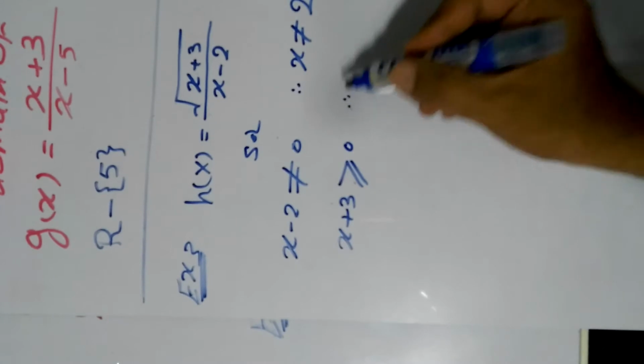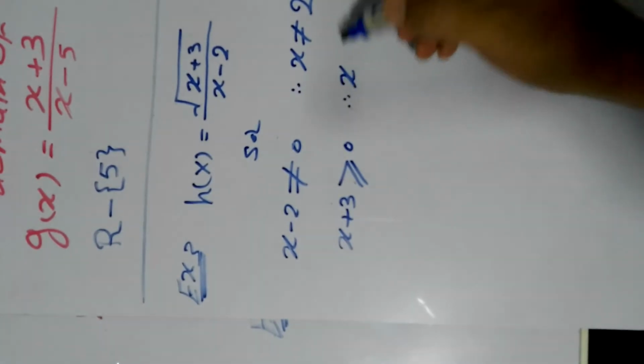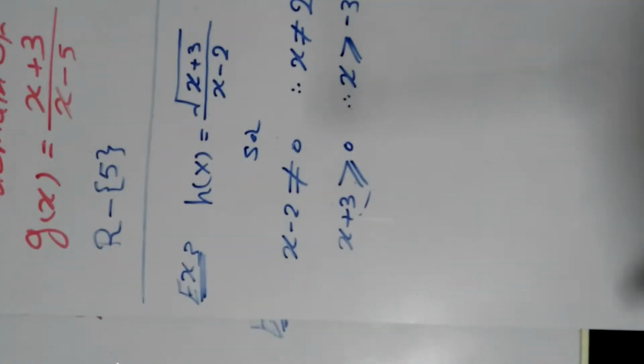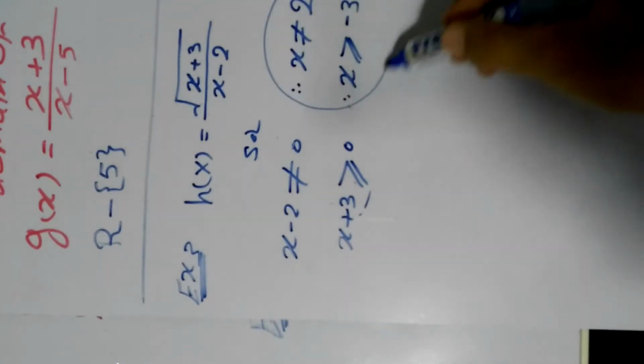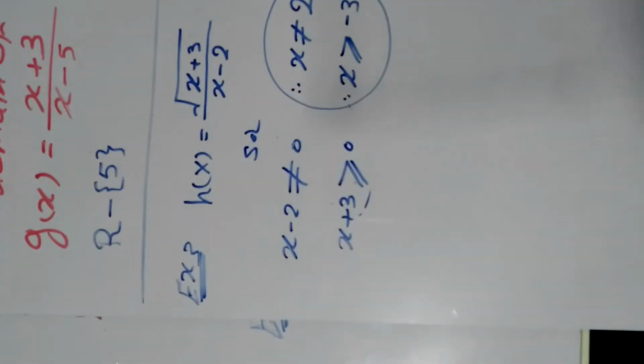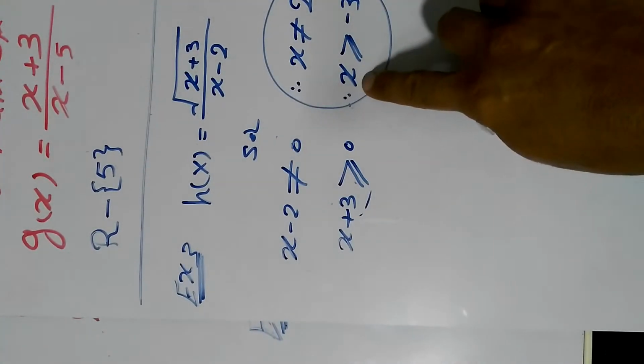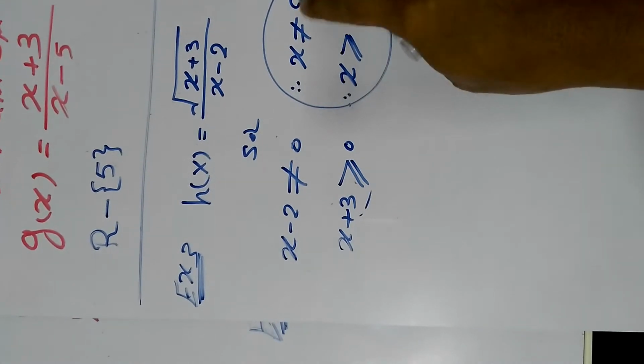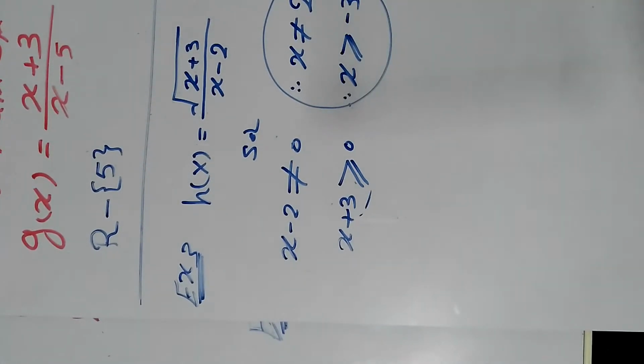Its solution says that x must be greater than or equal to negative 3. These together determine the domain of the function. x has to be greater than or equal to negative 3, but not 2.